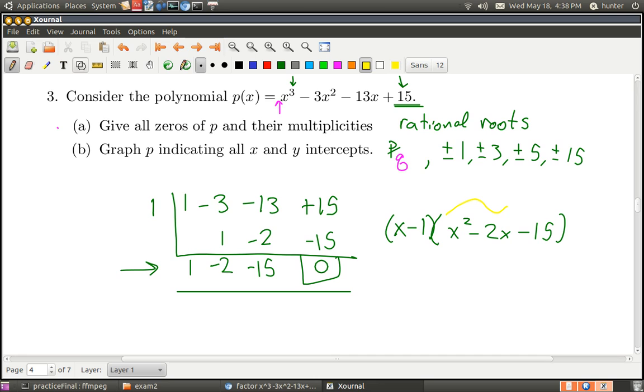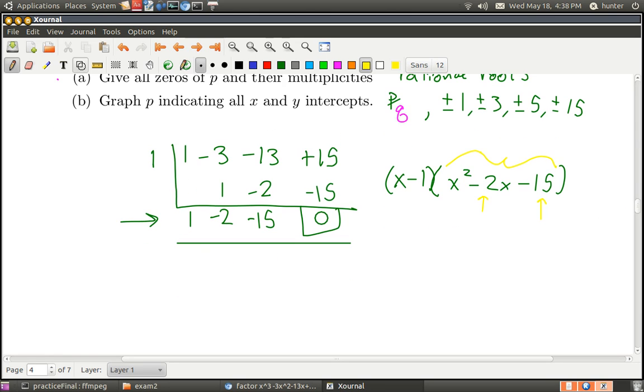Of course, I could just use the quadratic formula if I had to, but let me try to do it in my brain first. I need to think of two numbers that multiply to negative 15 but add to negative 2. And my brain returns the answer, negative 5 and positive 3 work. And so the polynomial can be factored as x minus 1, x plus 5 times x minus 3.